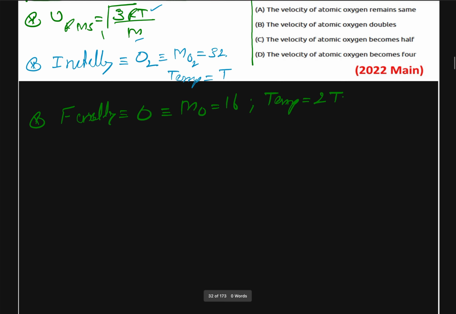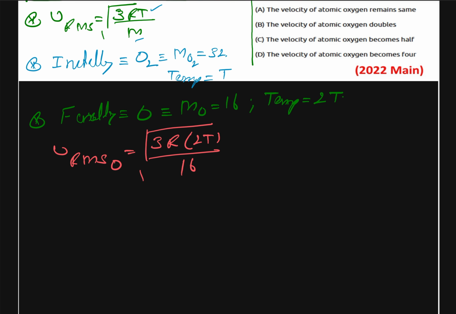Therefore, we can write that Vrms for our oxygen will be equal to the square root of 3R, and temperature is 2T, and its mass is 16.